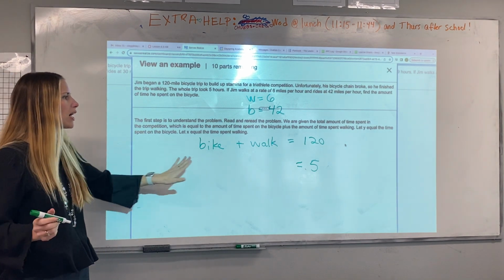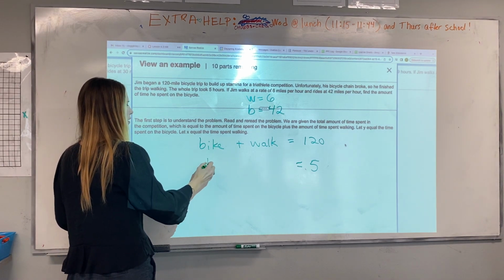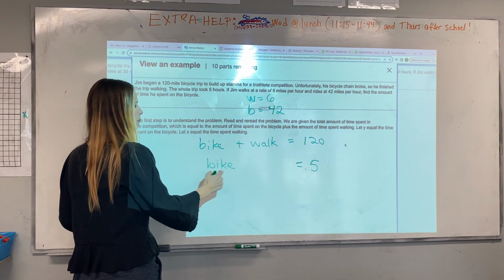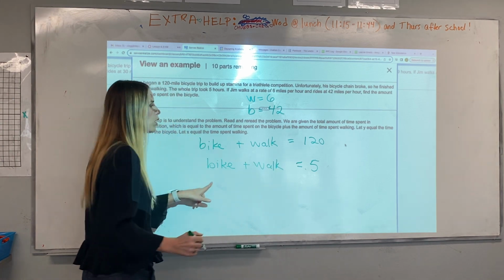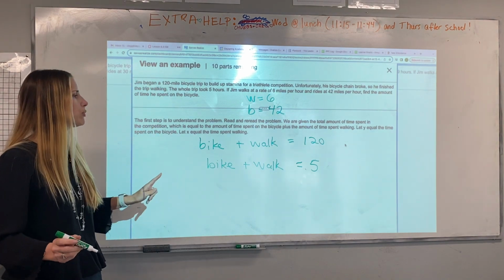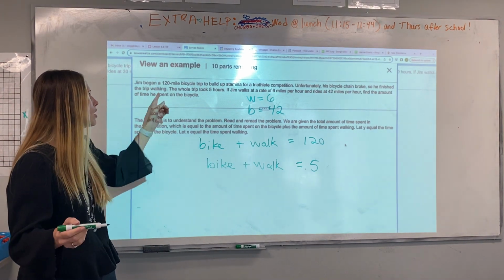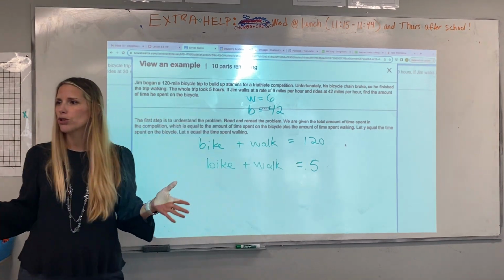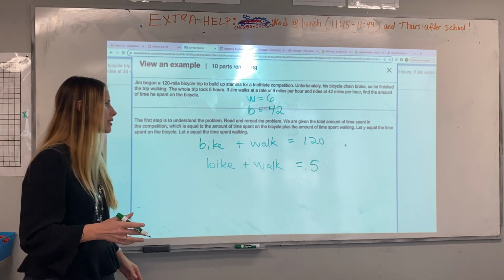Okay, do you guys agree that biking plus walking was a total of 5 hours? Do you agree that biking plus walking was also a total of 120 miles? They're just two different measurements. One is the total miles and one is the total hours.